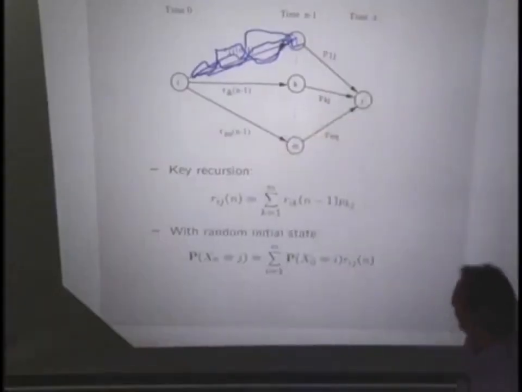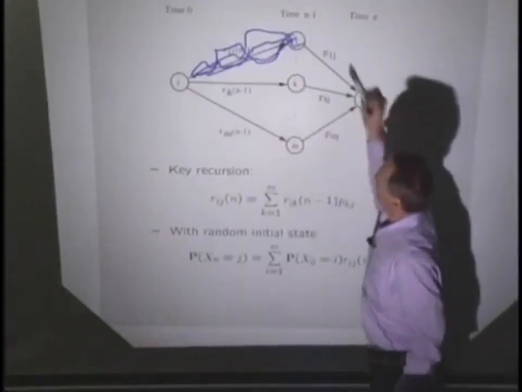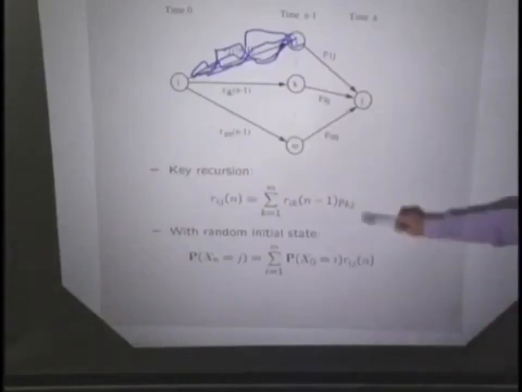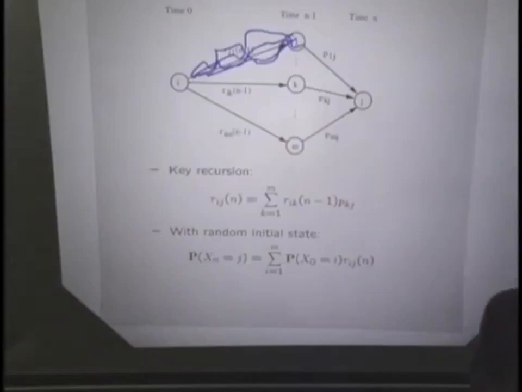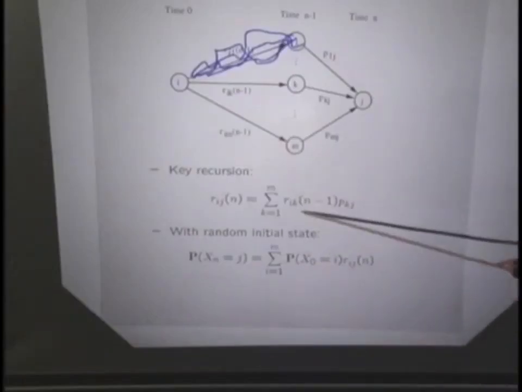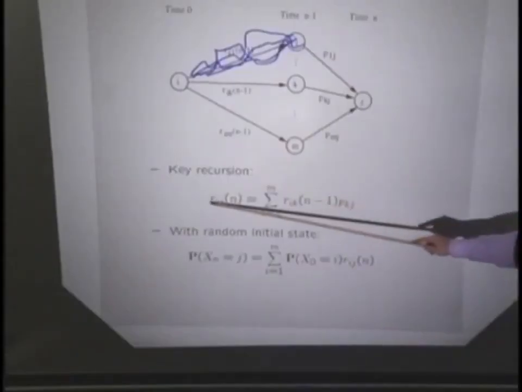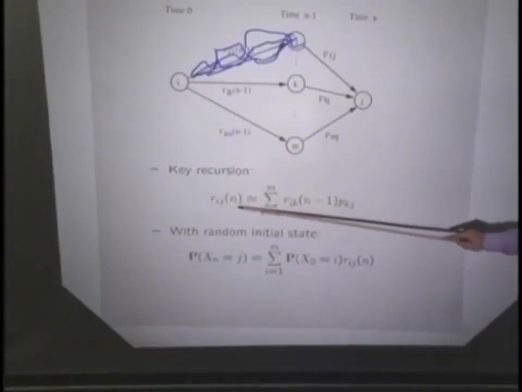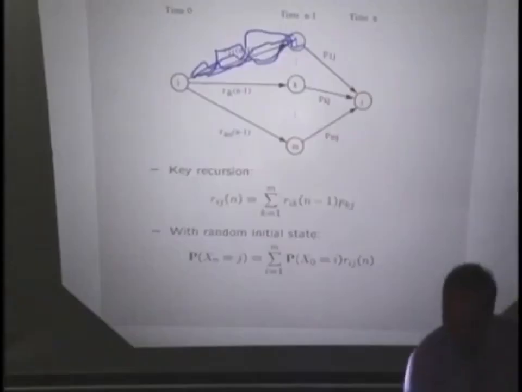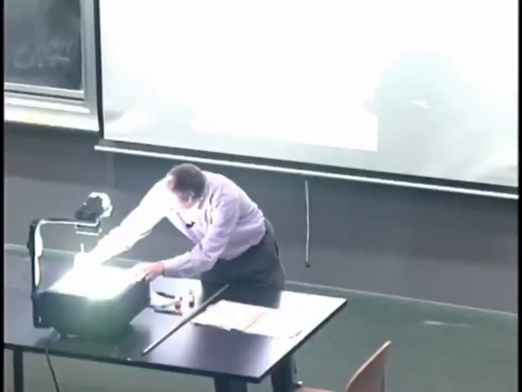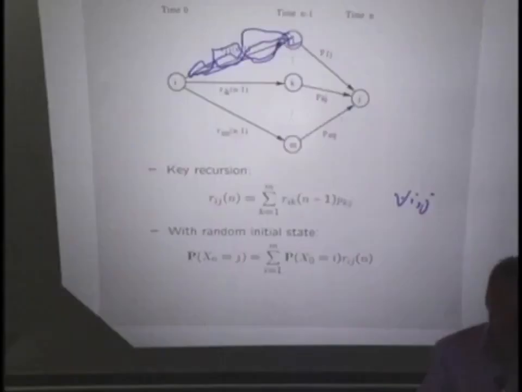So now once you consider this scenario, then this scenario and that scenario, and you add the probabilities of all these different scenarios, you end up with this formula here, which is a recursion. It tells us that once you have computed the n-1 step transition probabilities, then you can also compute the n-step transition probabilities. This is a recursion that you run for all i's and j's simultaneously.